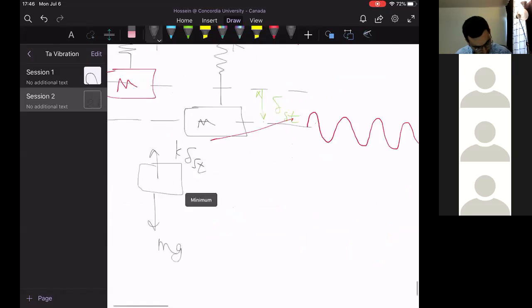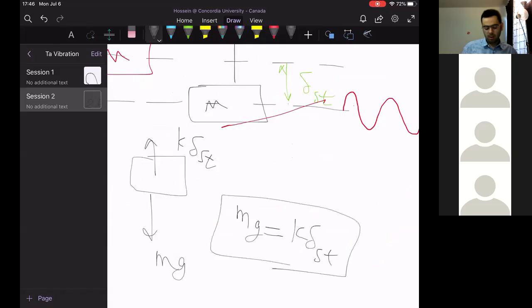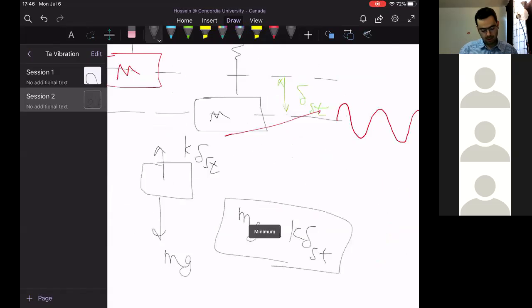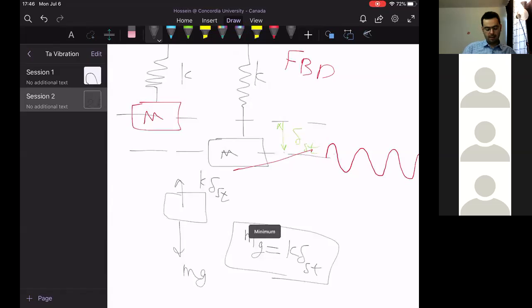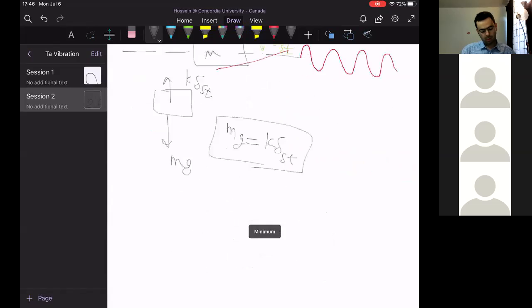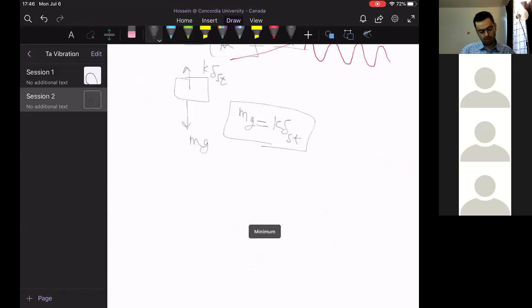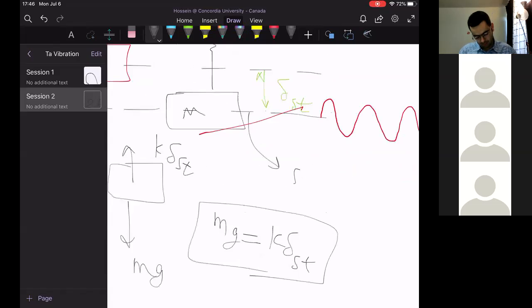So mg is always equal to k delta, right? So in order to derive the equation of motion, you could ignore mg here, as mg will be cancelled out at the end by k delta static, and you will start writing the equation of motion from this point, a static equilibrium position.